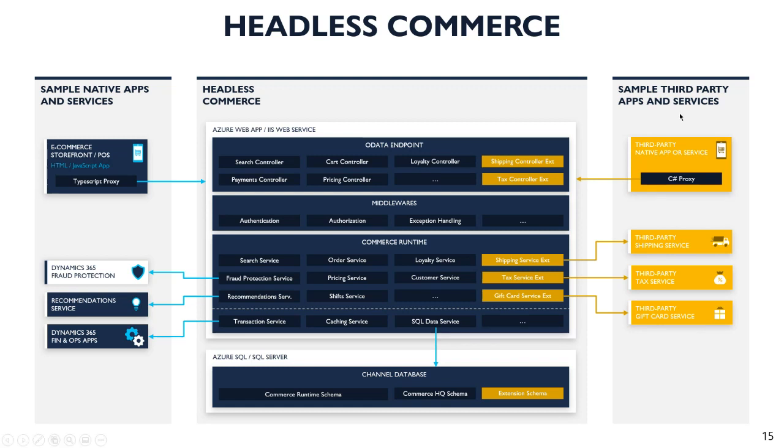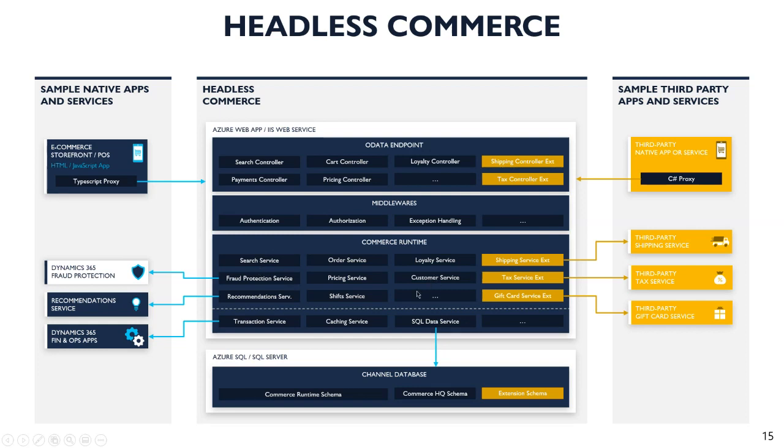Okay, for this commerce runtime, I'll quickly spend one minute on the high-level architecture. As I said earlier, the commerce runtime contains all of our core business logic, for example the pricing logic or the search logic. All the different logic is available in the commerce runtime, and you can customize any of this business logic.